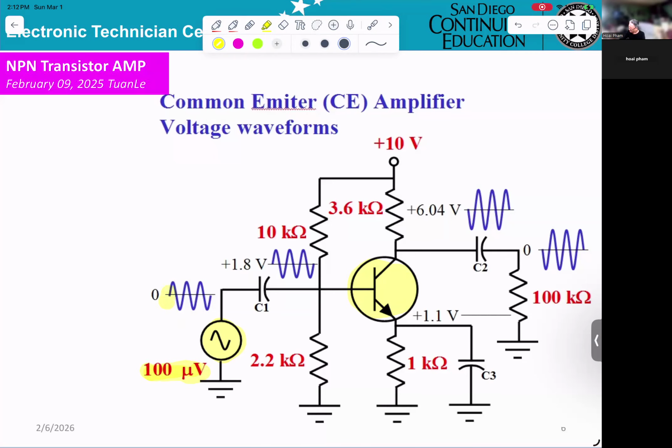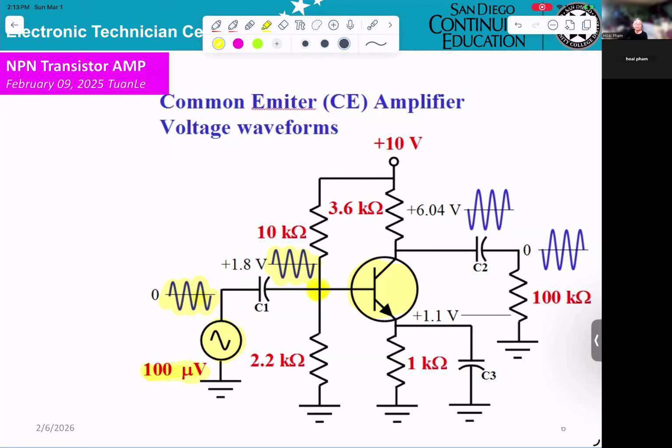Okay, you see this signal here. So when it hits C1, C1 will be shorted. Okay, so you can see at the base, you get a sine wave sideways. So C1 will be shorted and let the signal go to the base.